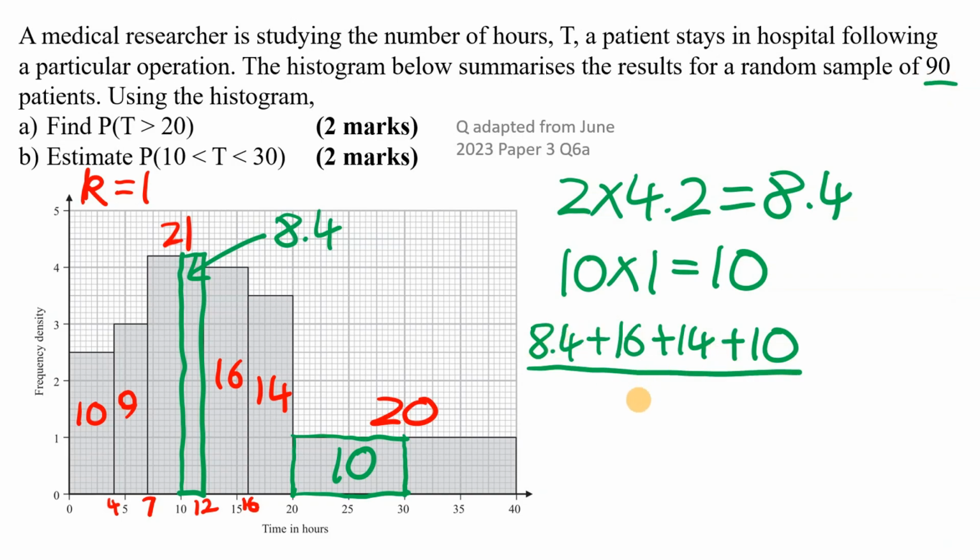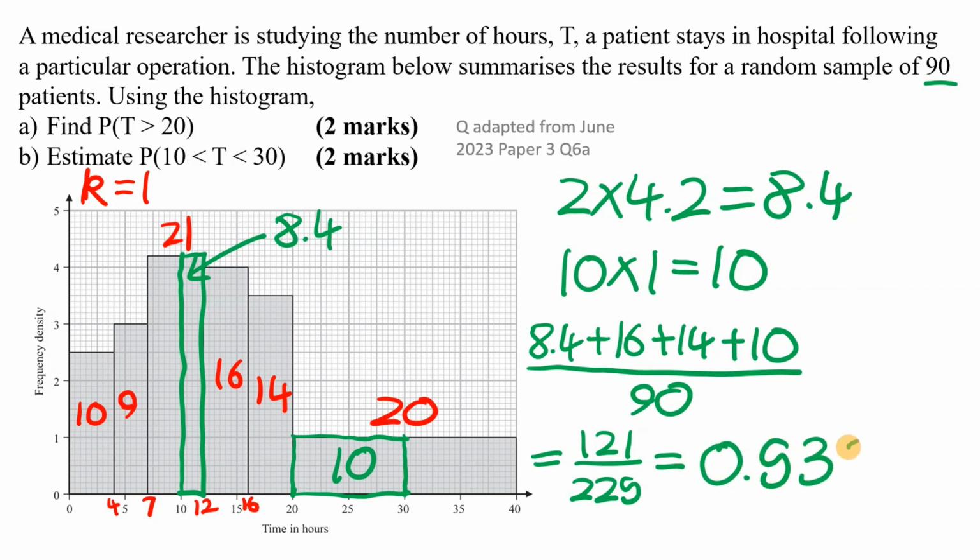If you put this into your calculator, it's equal to 121 over 225, or if you want to express this as a decimal to 3 decimal places, it's 0.538. So this is an estimate for the probability between 10 and 30.